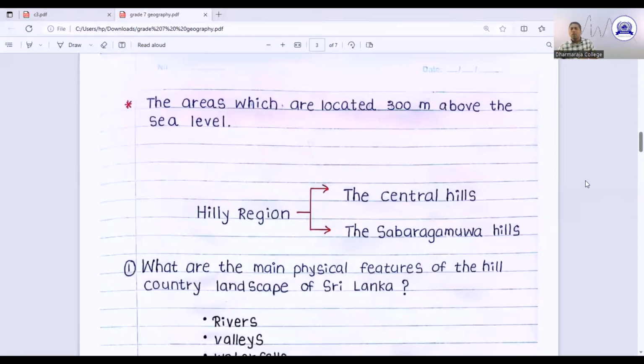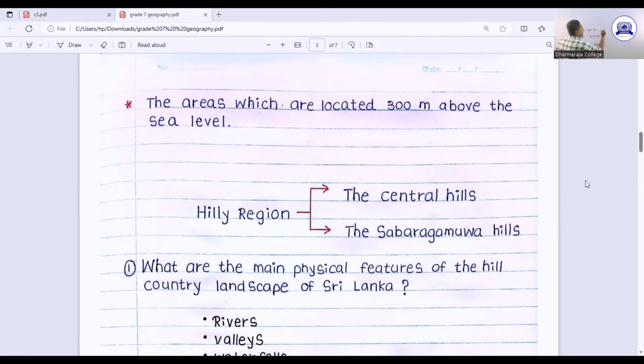Right. Now I am going to explain to you about the hilly area. What is the hilly area? We know that from 0 to 30 meters, from 30 meters to 300 meters, and above 300 meters.